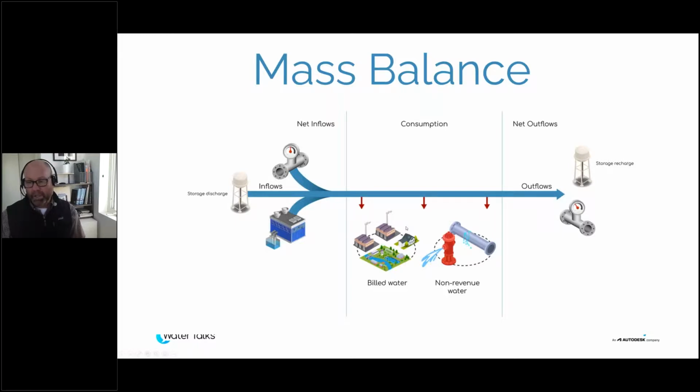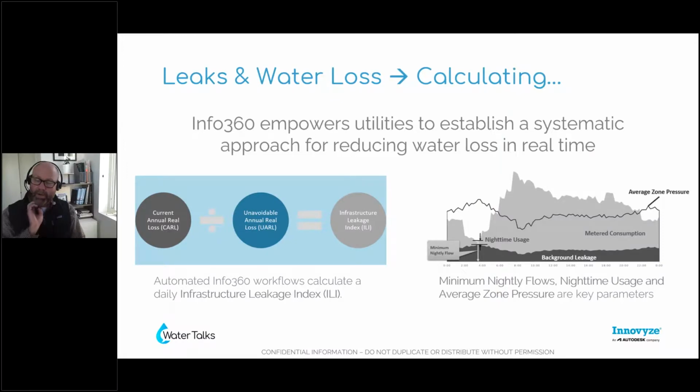Track all of your consumption. And this allows us to get to non-revenue water. If we know all of the billed consumption, we know all of the ins and outs, we can get to non-revenue water.